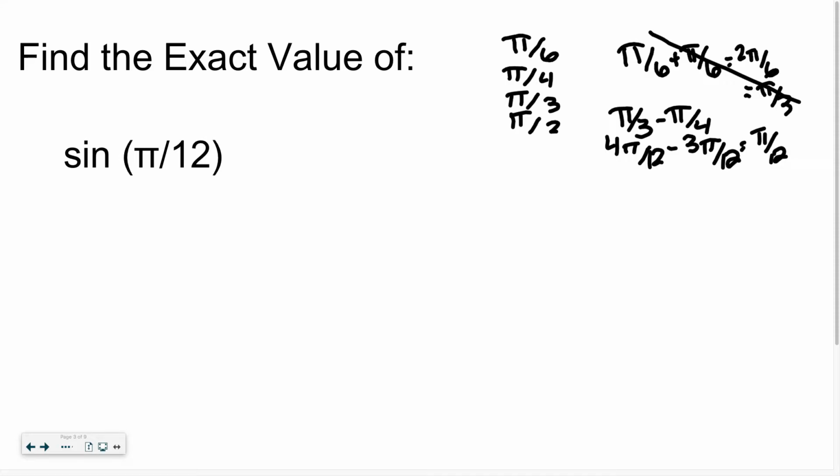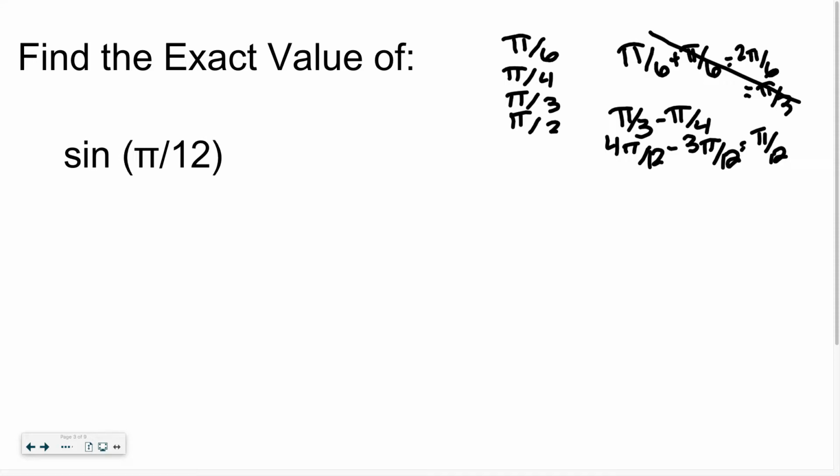You could do pi fourths minus pi 6, couldn't you? 3 pi 12s minus 2 pi 12s would be another pi 12s. So Rain could have a different set of angles than Josh, than Liam, but you just have to make sure that it actually equals the angle that you want to find.